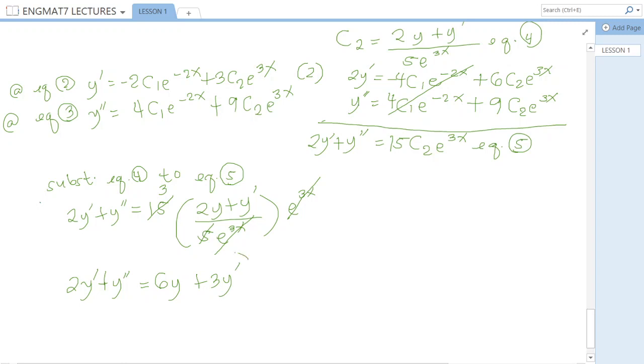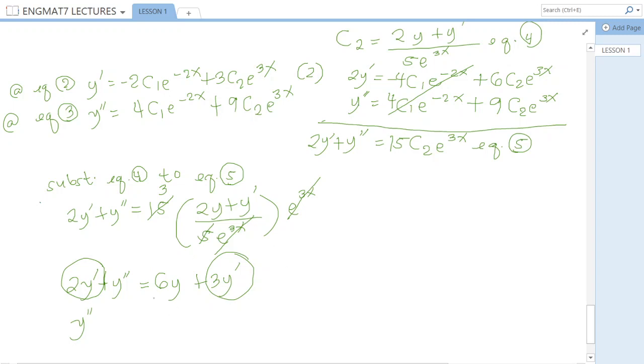Okay, so we have here the same variable, so it will combine. That is y double prime, 2y prime minus 3y prime. Let us get that at the other side.